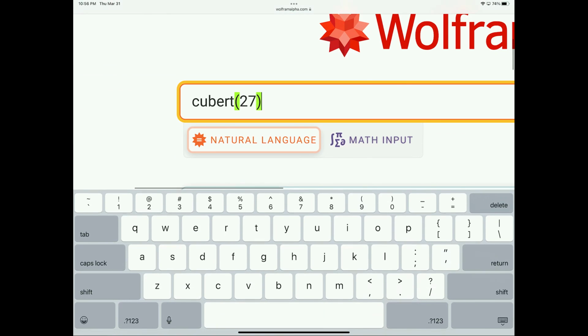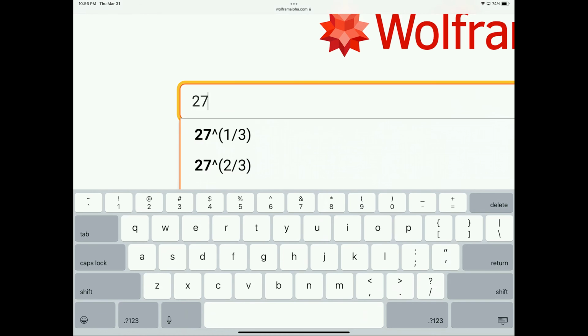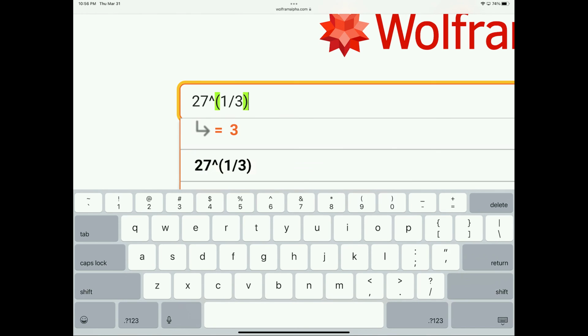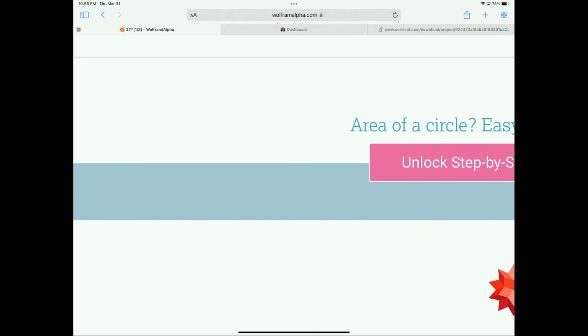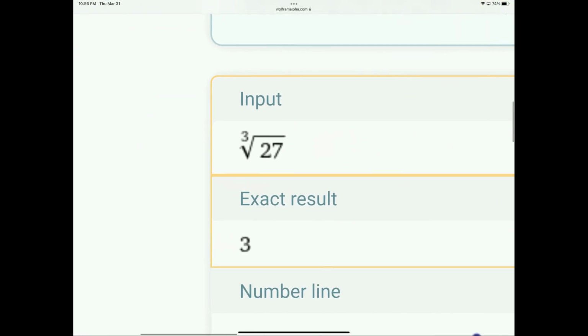Or you can actually do it as a 1/3 power. So you can do 27 exponent 1/3. That's another way to do a cube root. You can already see that it's telling me the answer is 3 again, but I'll hit enter. Exact result 3.